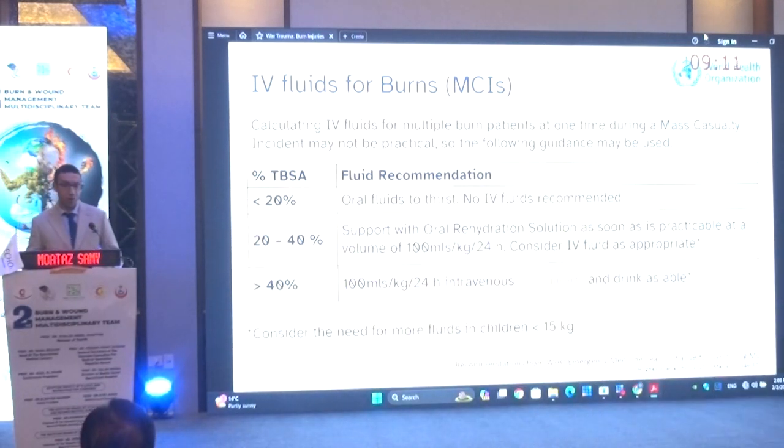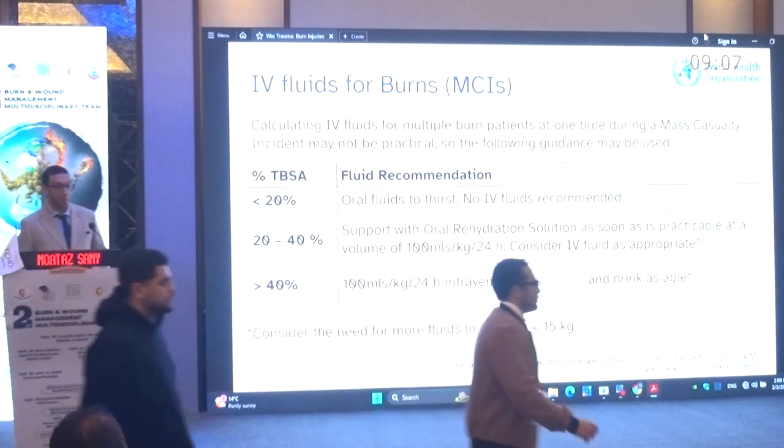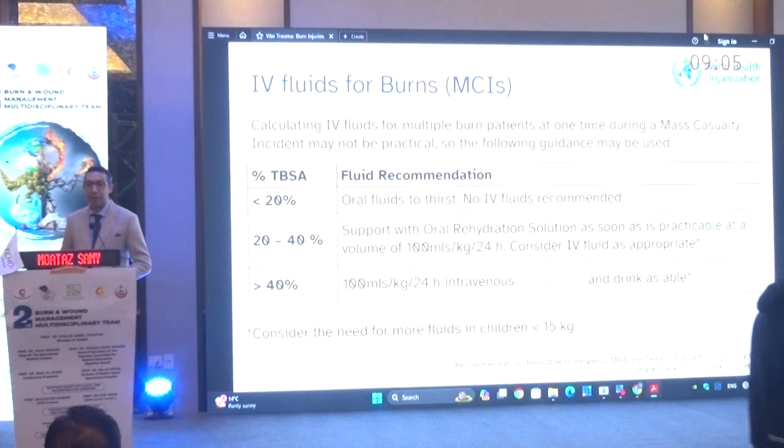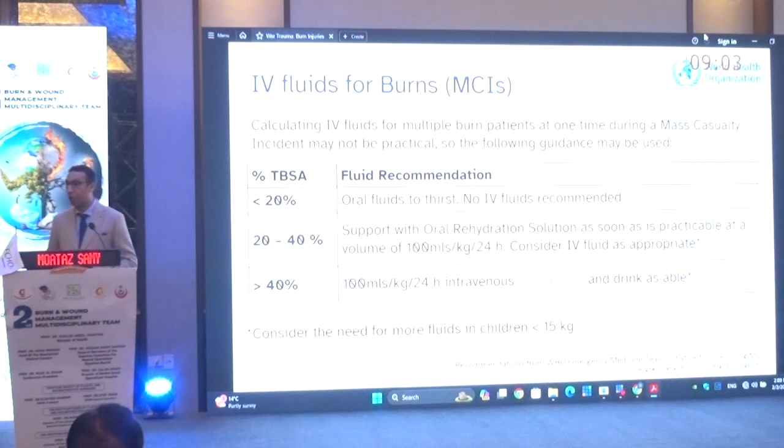TWGBP formula. Below 20% of total body surface area burned, we give oral fluids to drink; no intravenous fluid is recommended. From 20 to 40%, we support with ORS, oral rehydration solution, and consider intravenous fluid as appropriate regarding the clinical status of the patient.